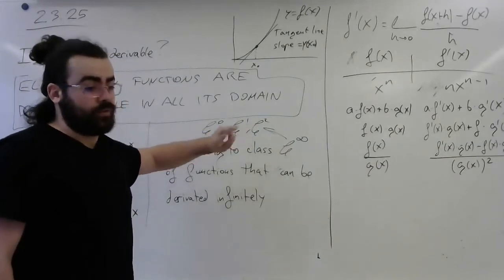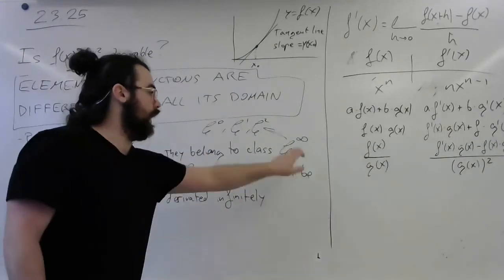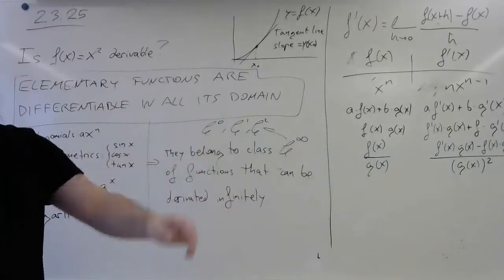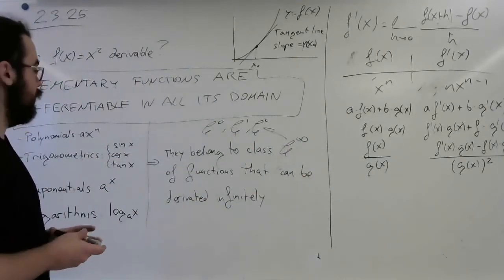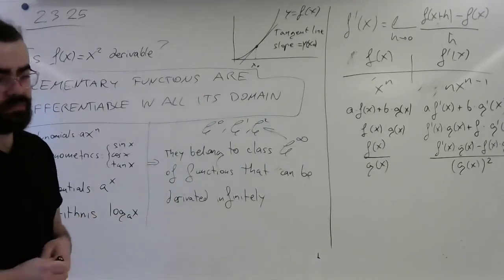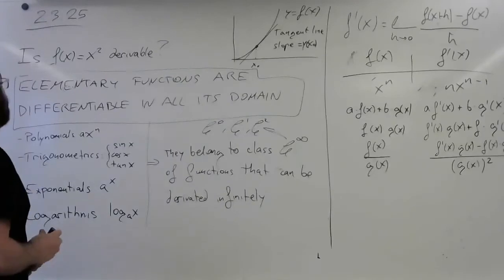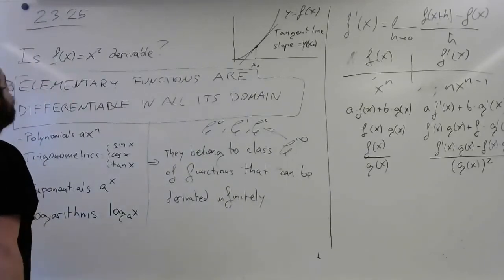Class C2 is of twice differentiable functions, that you can derivate and then derivate again. And C infinity is the class where all functions should belong if the universe was nice and fair. Unfortunately, it's not, but we still can do some stuff. So yeah, let's move on.